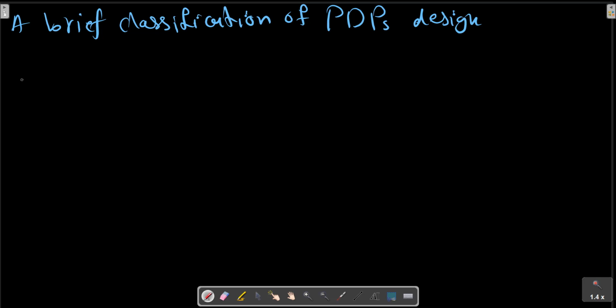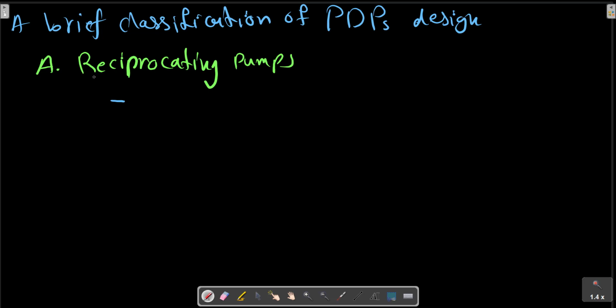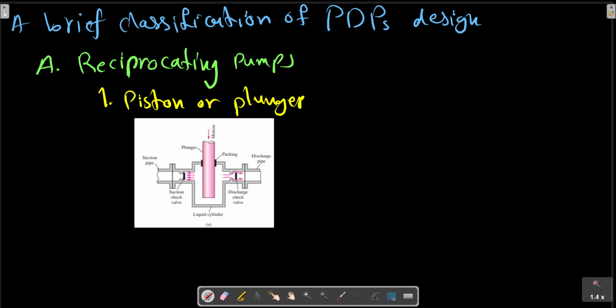At first we have reciprocating pumps. There are two subcategories, piston or plunger, which is also illustrated in this picture.